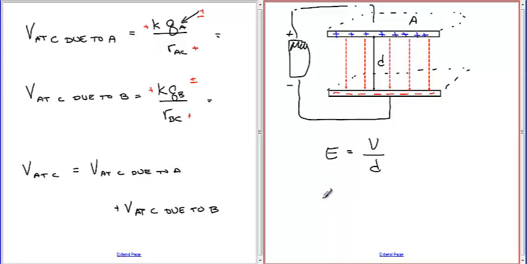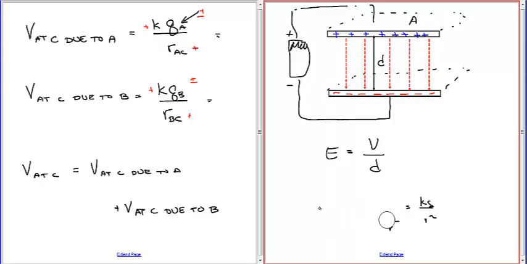So here you have K, and you have charge divided by R squared. And here voltage is K times Q divided by R, and then you divide by R, which is going to give you KQ divided by R squared. So that makes sense as well.